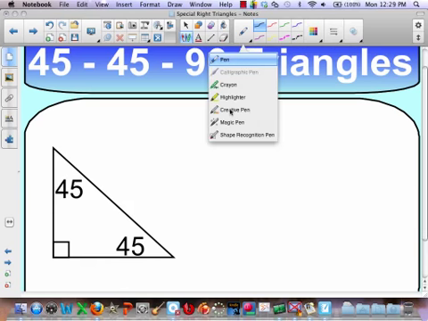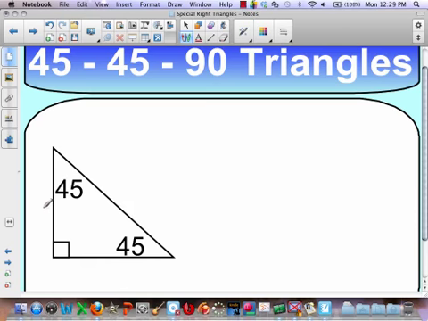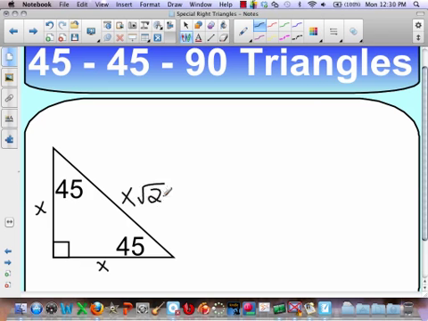All right. So let's say for a minute that this is x and that's x. So we'll throw in my two unknown sides, right? Well, again, if it's isosceles, the two sides are going to be the same, x and x. What's nice about it is then what we get is x, x, and then the hypotenuse, that's x times radical 2.